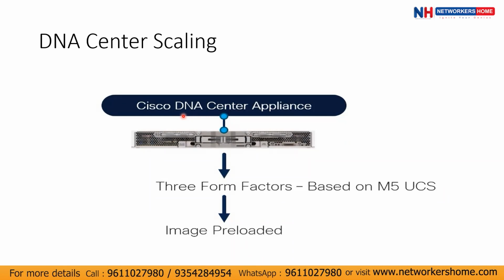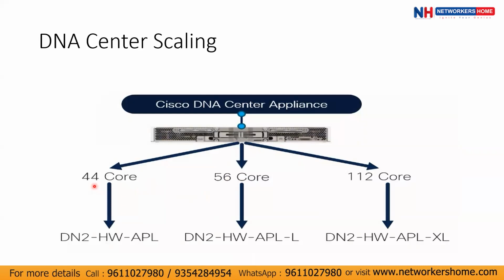So the image is already installed, and you don't need to install anything on a new DNS Center device. The 3 models are 44 core, 56 core, and 112 core. It is based on the scaling, the number of endpoints, and how big your network is. Based on that, you can choose the DNS Center appliance.